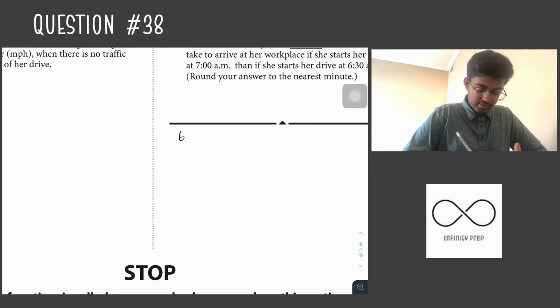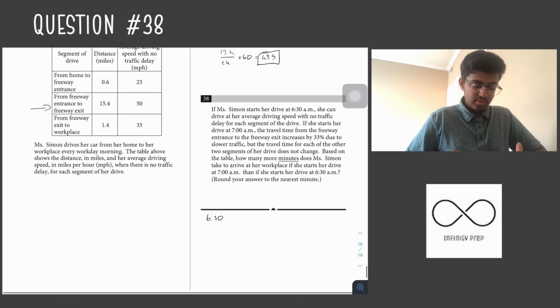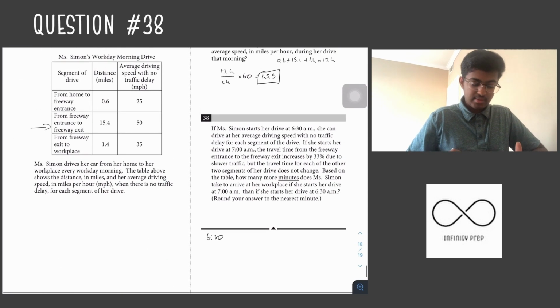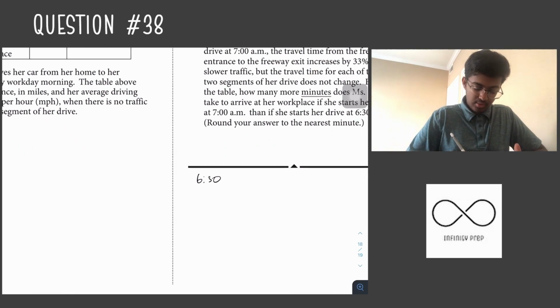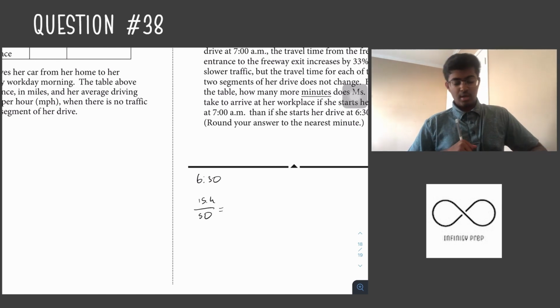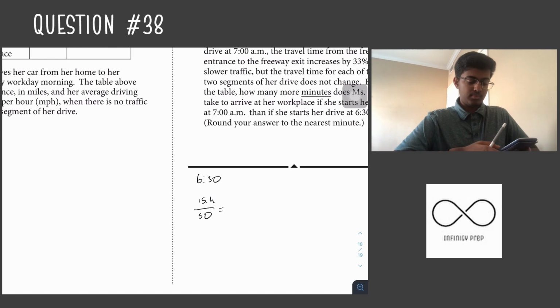So 6:30. What we have to do is divide the distance by the rate, which is 50. 15.4 divided by 50. This will give us the time it took for her to travel that distance.